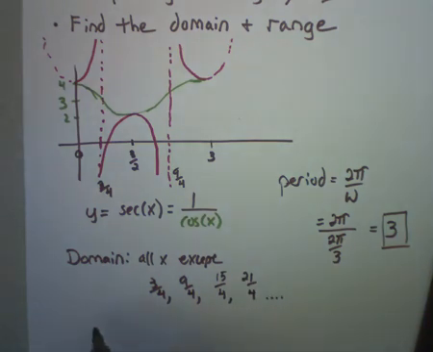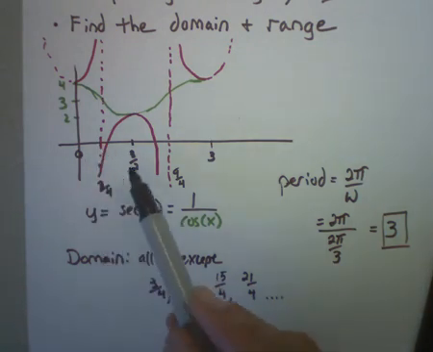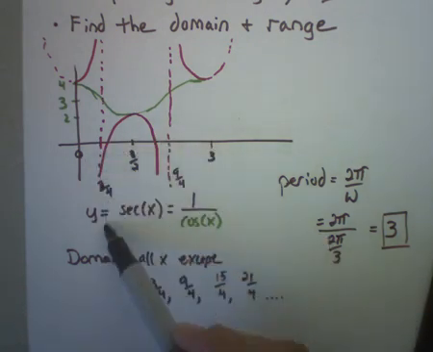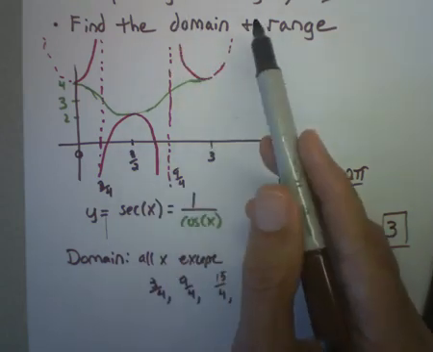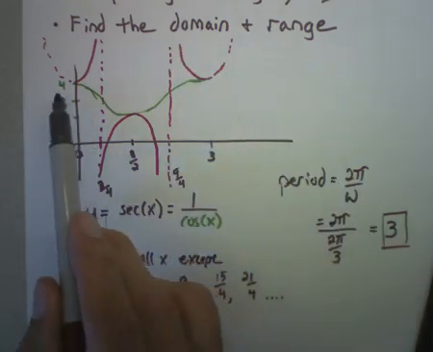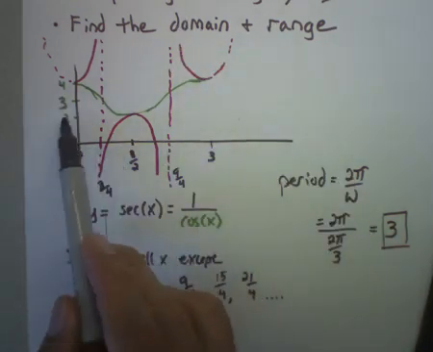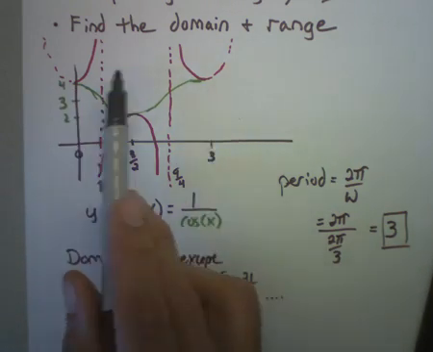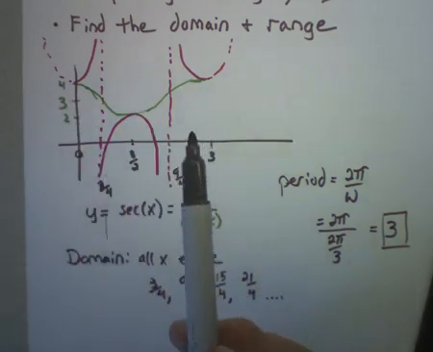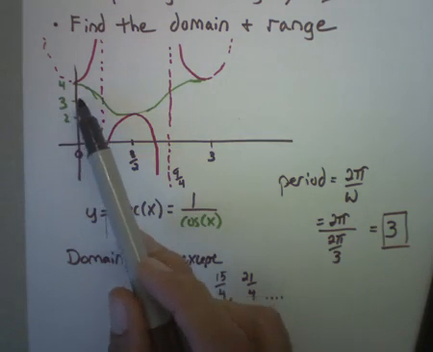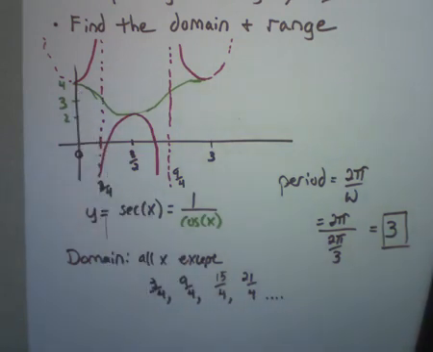And the range, finally. Notice that this is an asymptote, so this function goes all the way down, goes all the way up. It covers all of the range except for this little chunk here in the middle that happens to be exactly the green graph. So it covers everything except for the space between 2 and 4.